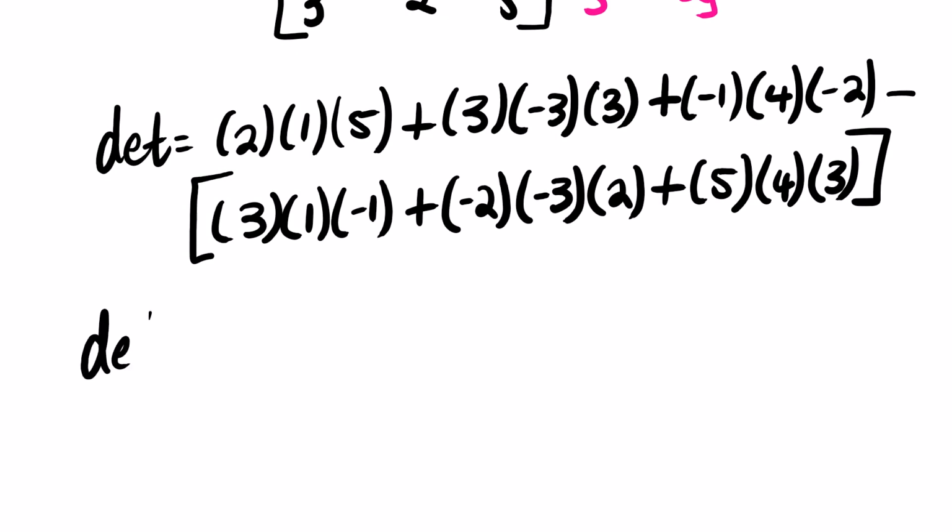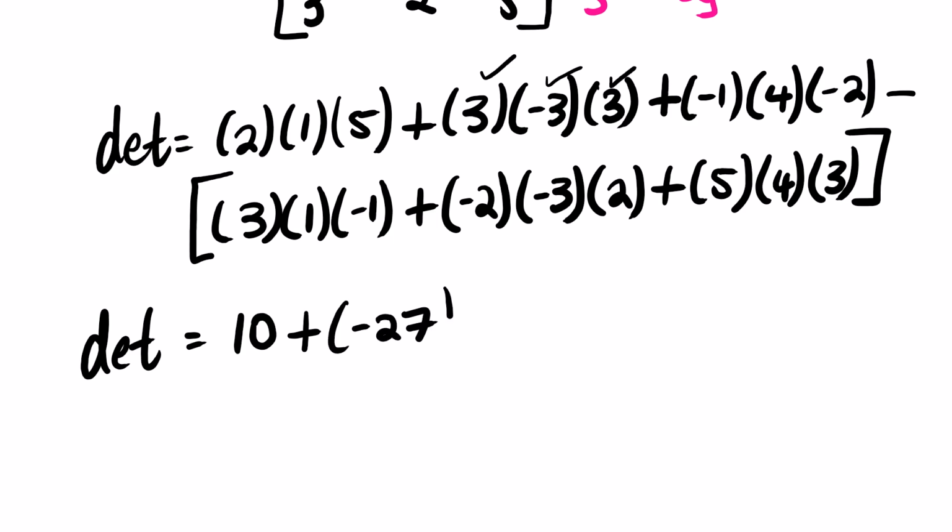The determinant. So 2 multiplied by 1 multiplied by 5, it's 10. Plus 3 multiplied by negative 3 multiplied by 3, it's negative 27.